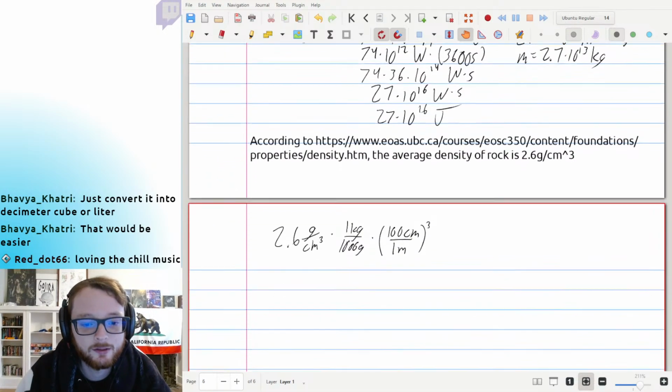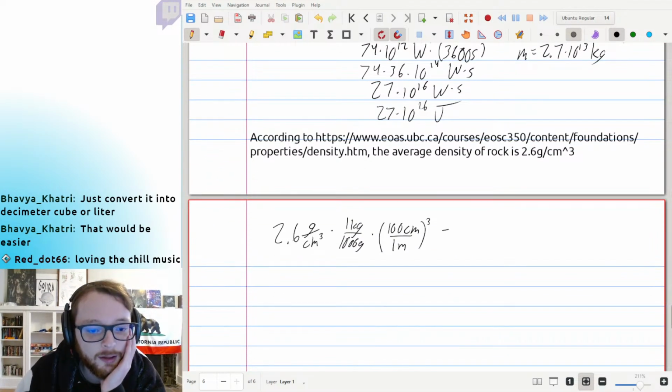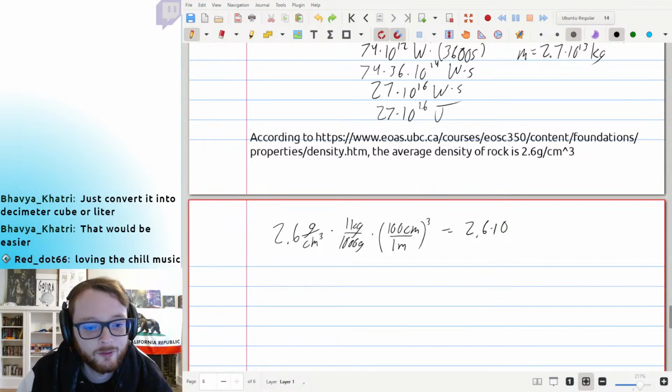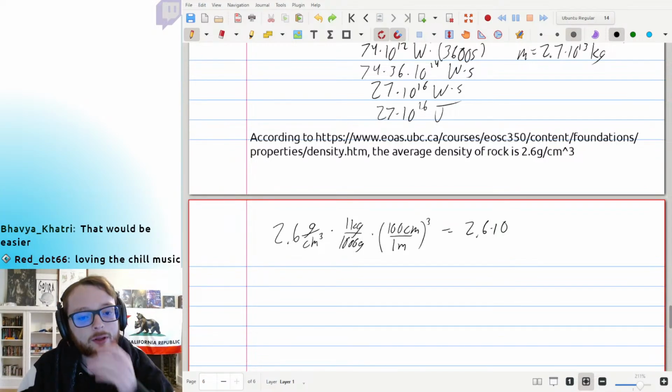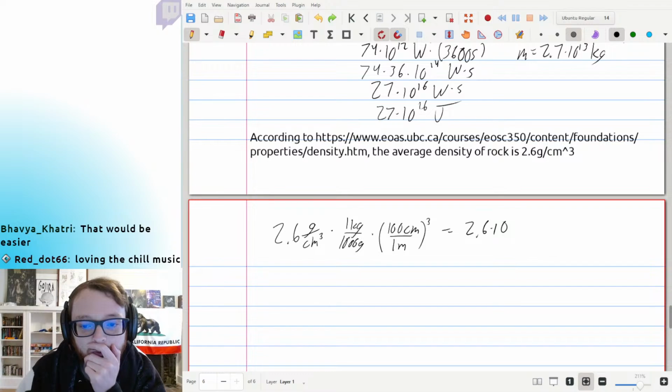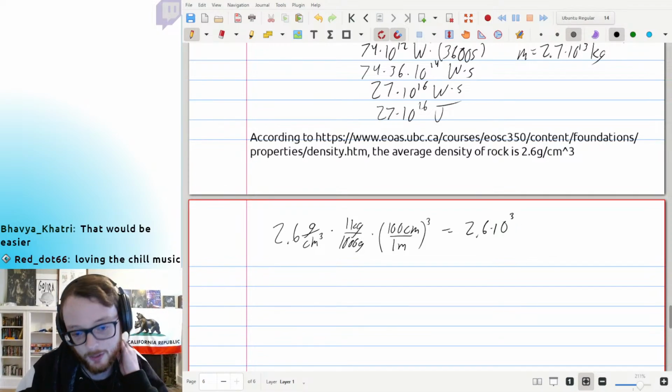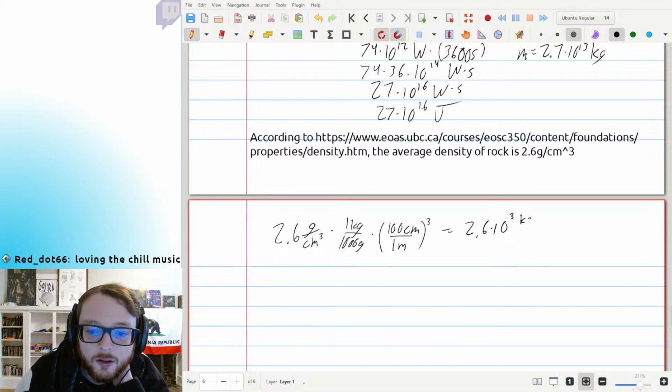So this comes out to be 2.6 times 10 to the 6 divided by 10 to the 3, so 10 to the 3 kg per cubic meter.